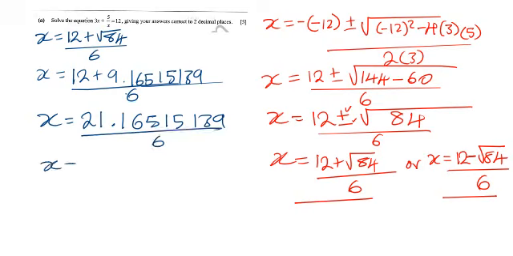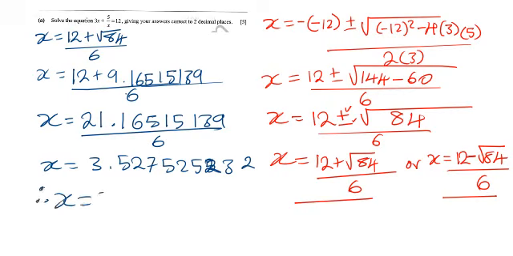Your x will be equal to, now when you reach this point, you just divide by 6. So when we divide this by 6, we are getting 3.5275252, and then therefore x will be equal to 3.53.